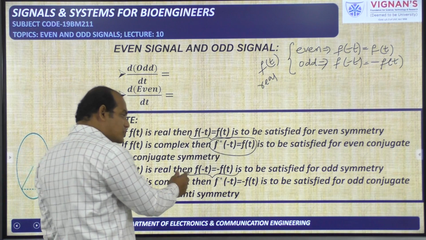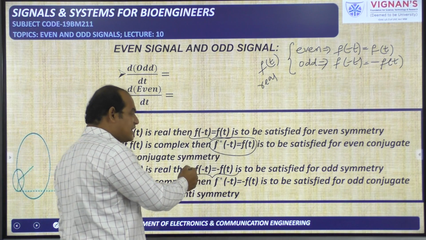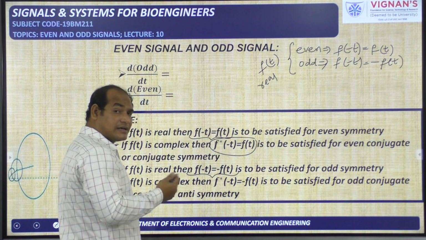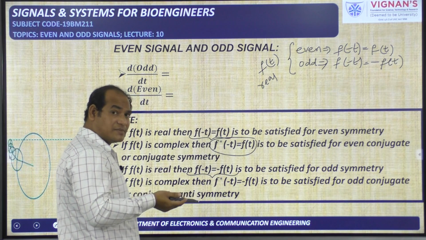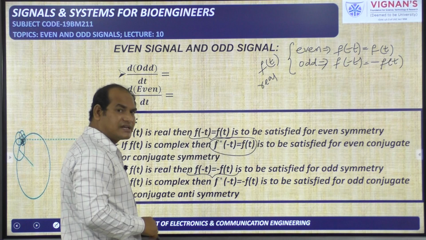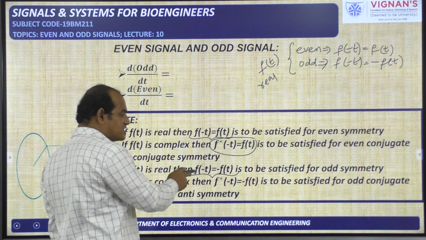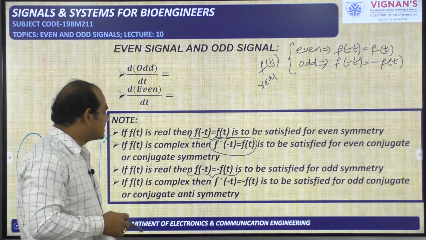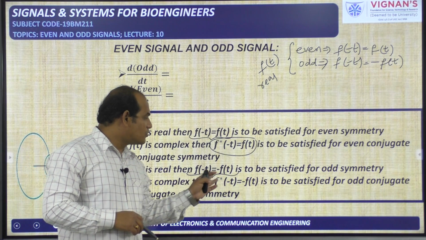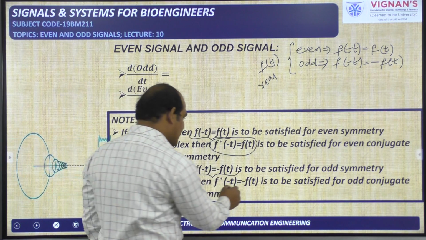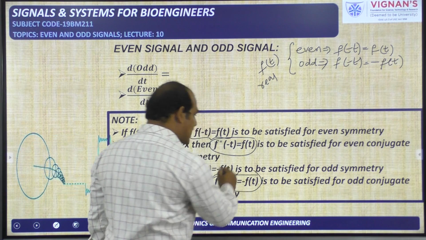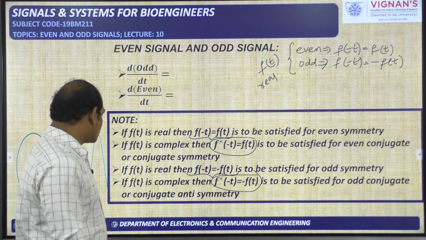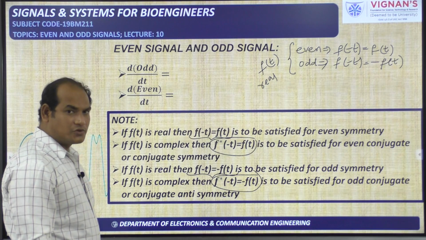First you write for the real signal, odd symmetry. For the real signal, the odd symmetry condition is f of minus t is equal to minus f of t. For this one you need to take the conjugate, that is f star of minus t is equal to minus f of t. So this is the condition for the odd symmetry.